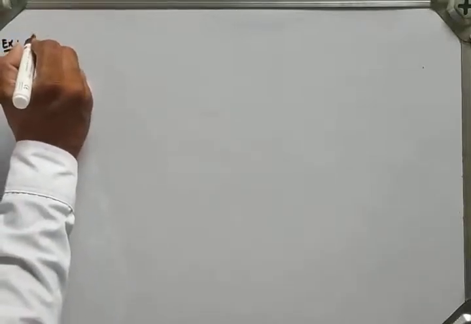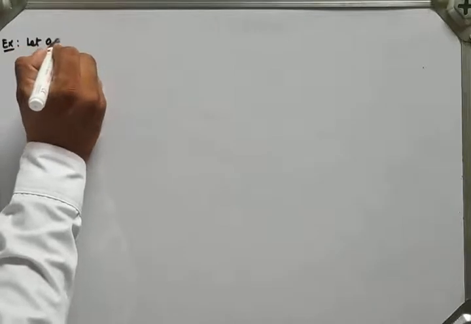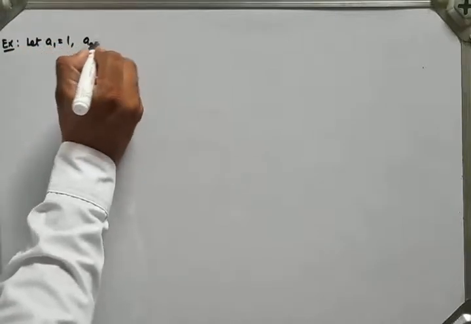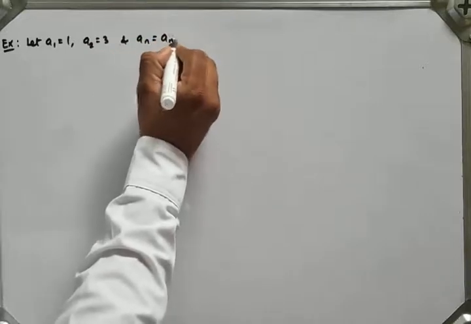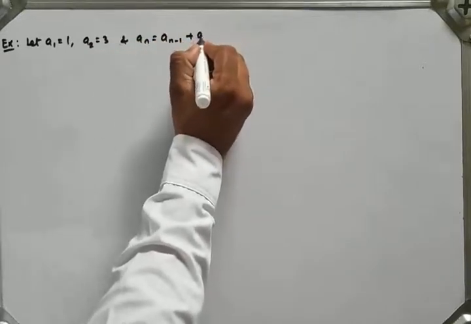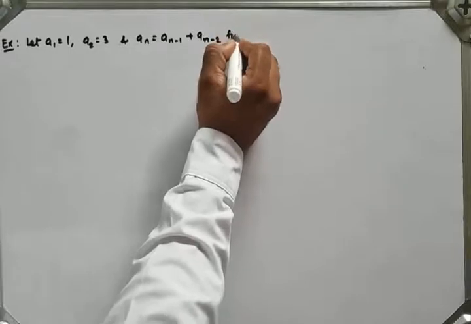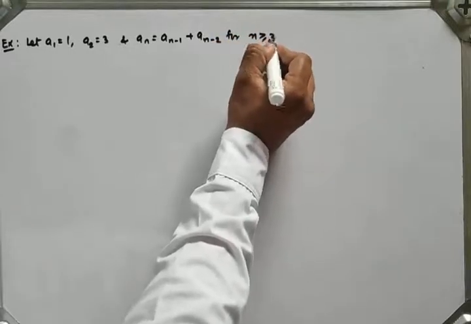Let us see another example. Let a_1 is equal to 1, a_2 is equal to 3, and a_n is defined by a_(n-1) plus a_(n-2) for all n greater than or equal to 3.